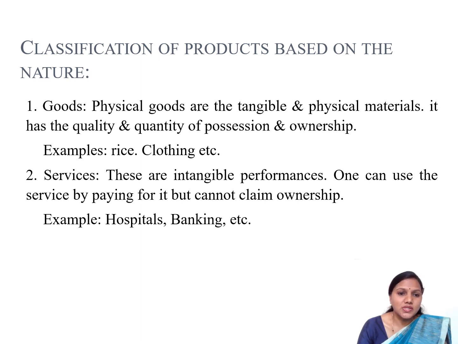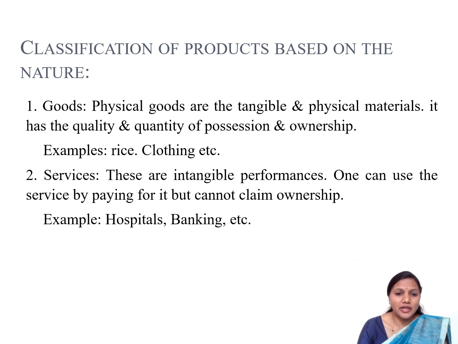First one is goods. Physical goods are tangible and physical materials. So physical and tangible materials means the customers are able to see and touch. So it has the quality and quantity of possession and the ownership also.